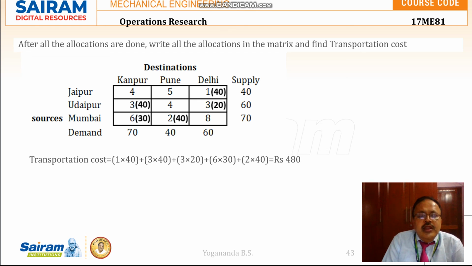So by following different methods, the transportation cost obtained may be similar or maybe there is small difference in the transportation cost. So it need not be the same. The transportation cost need not be the same for the same problem using different methods.